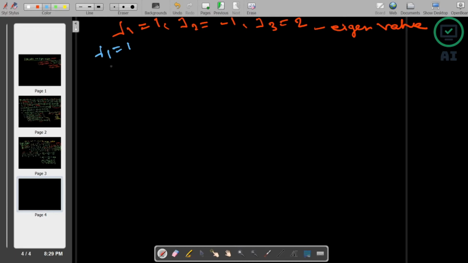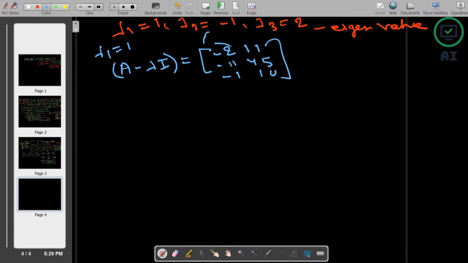So what we have to do, we have to put this lambda 1 value in this equation, A minus lambda I. So A is nothing but minus 2, 1, 1, minus 11, 4, 5, minus 1, 1, 0.